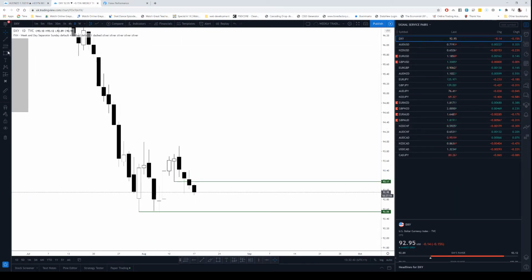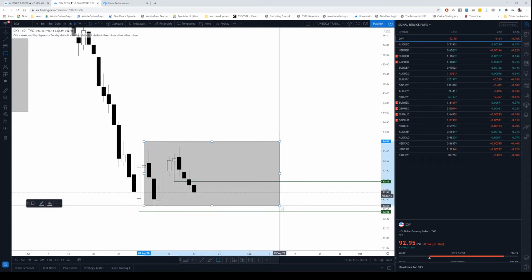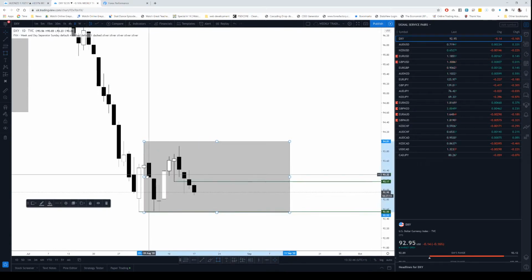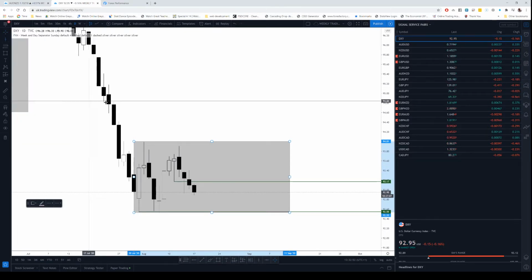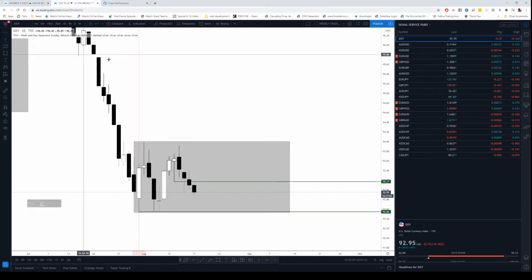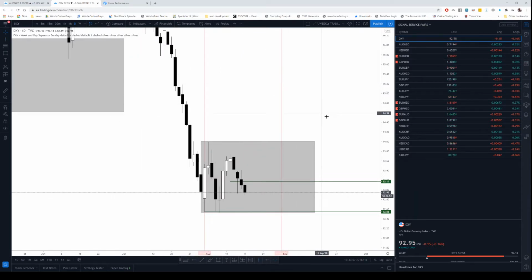The range is from this high to that low, and it's typical of August for us to be in a range. So I'm not expecting much in terms of August, because August is just typical.